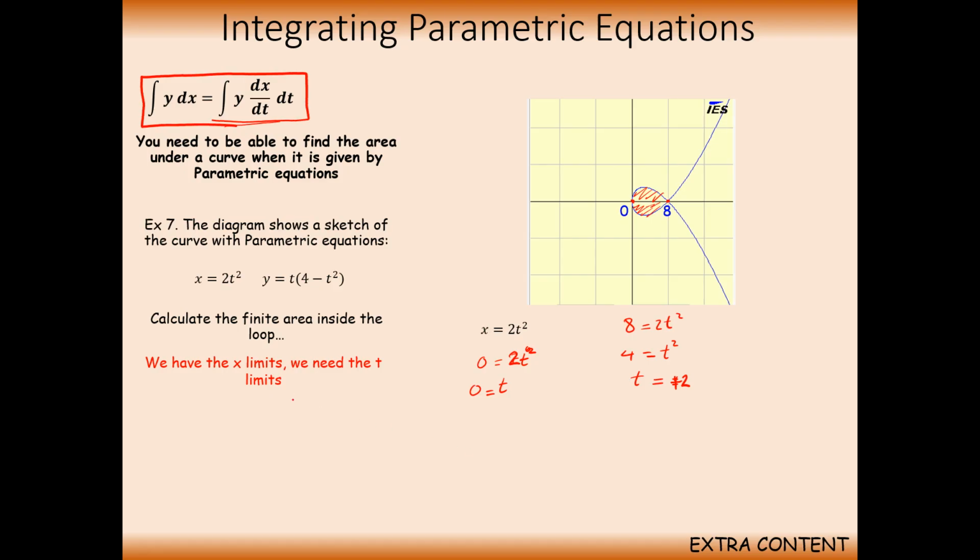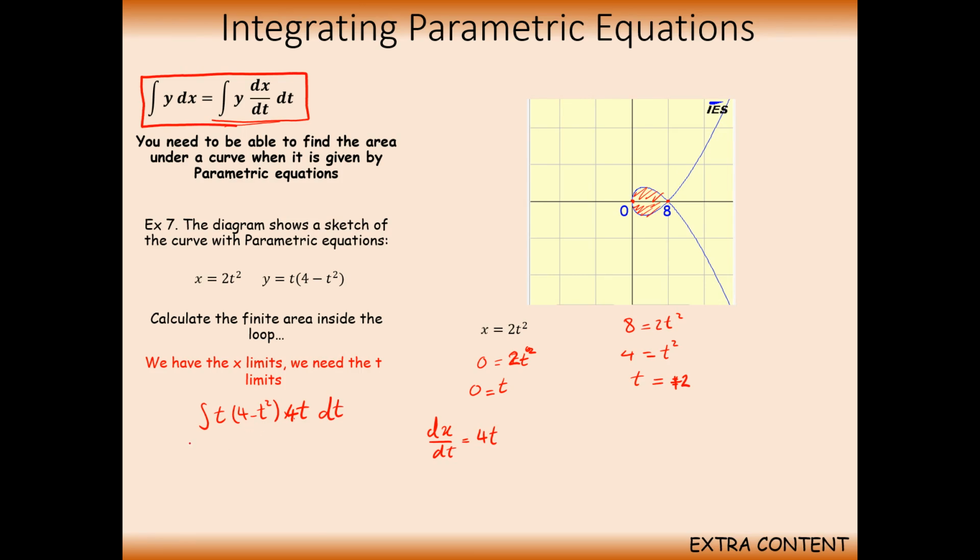Alright, what this integral turns out to be? The definition of y remains as it is. So let me write that there. We are going to multiply by dx by dt. So dx by dt is simply 4t, and we're going to integrate that with respect to t.